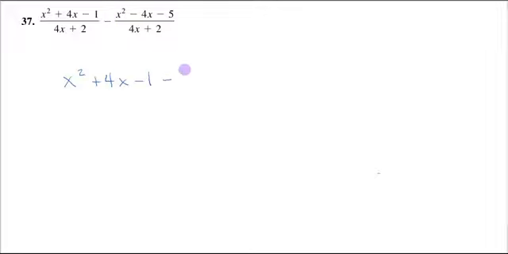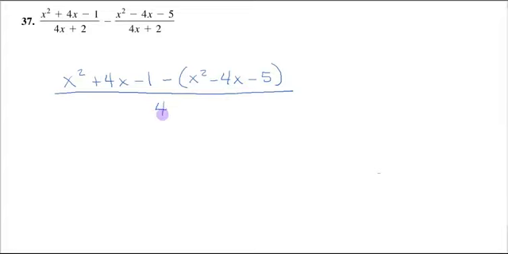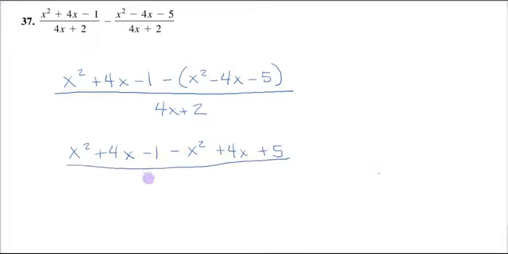So I'm going to subtract and make parentheses so I am sure to subtract the entire numerator. The denominator stays the same, and now that makes a big difference. We get a minus x squared, a plus 4x because we're distributing that negative, and a plus 5 all over 4x plus 2.